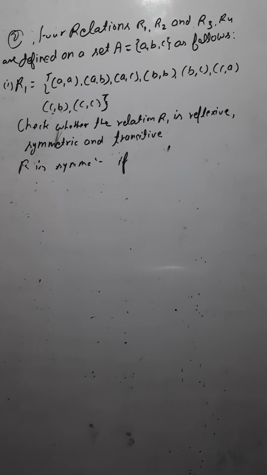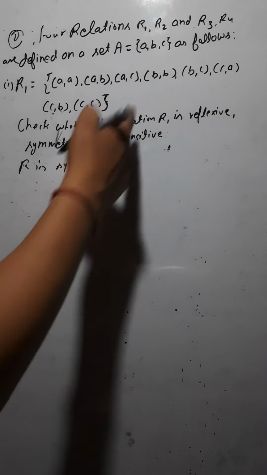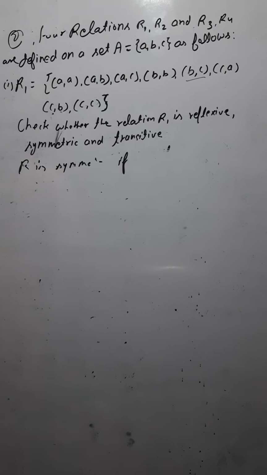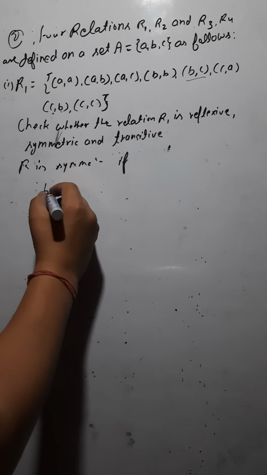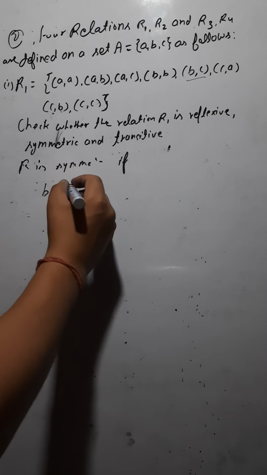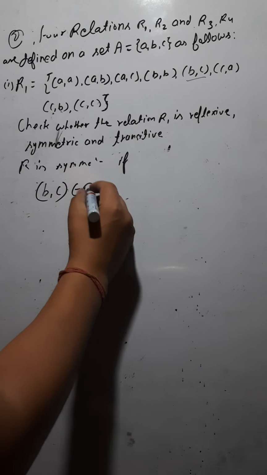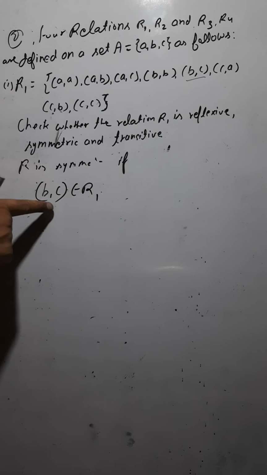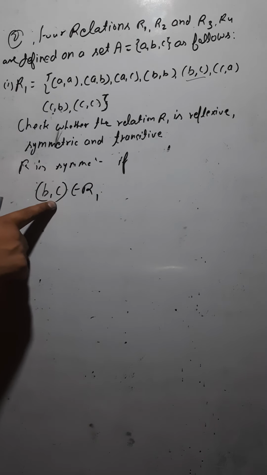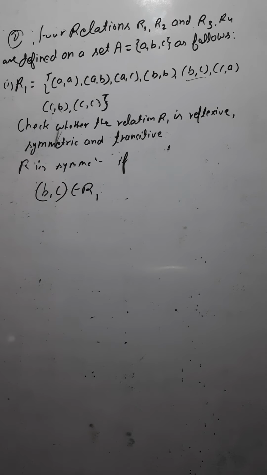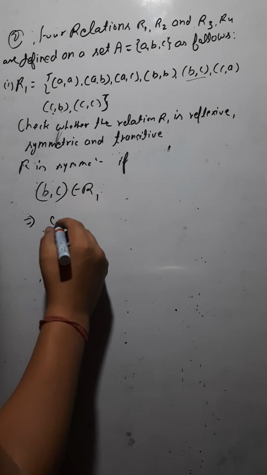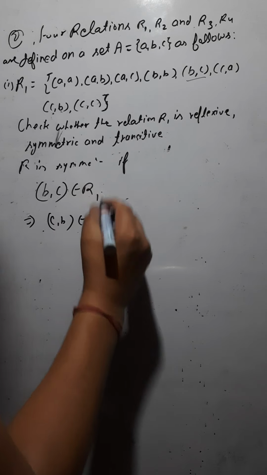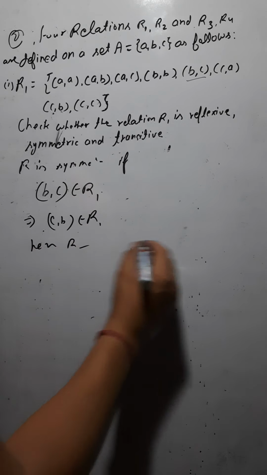So let me take the ordered pair (B, C). If (B, C) is in the relation R1, is the reverse of this ordered pair also there? Yes, (C, B) is also there. So it implies (C, B) is also in R1. So hence R1 is symmetric.